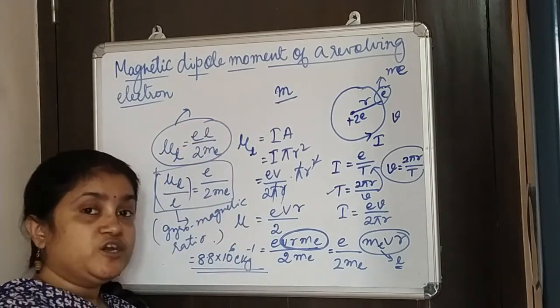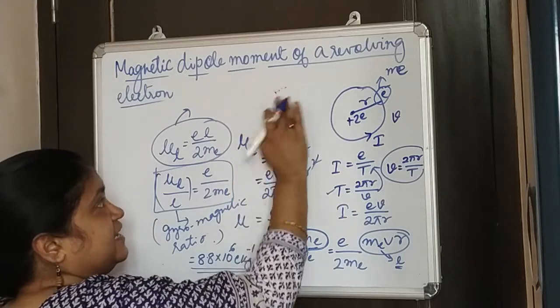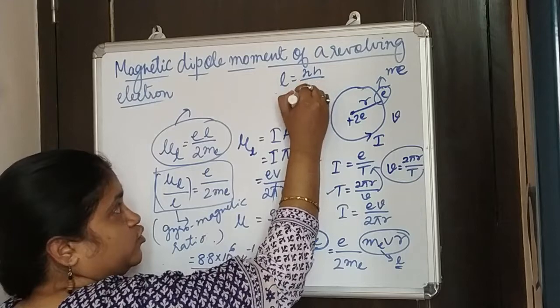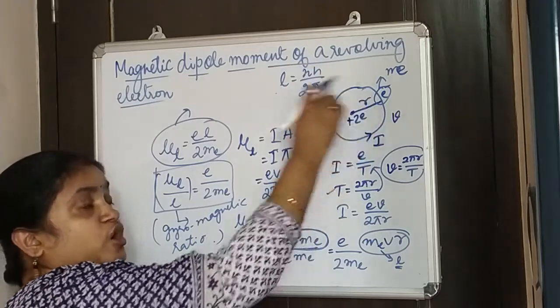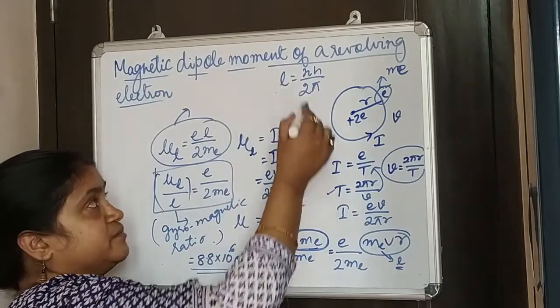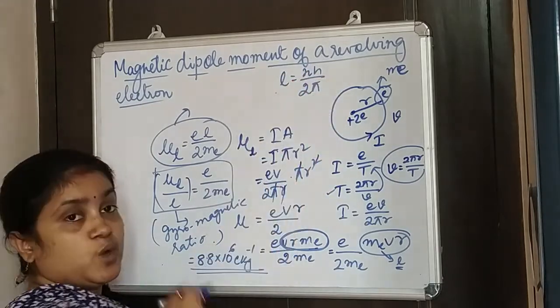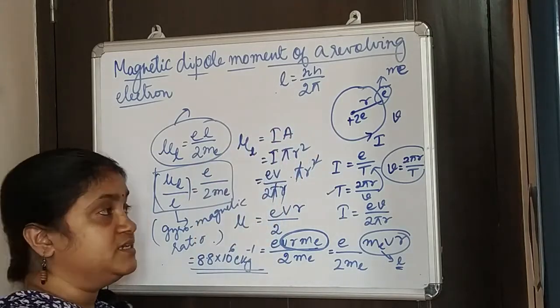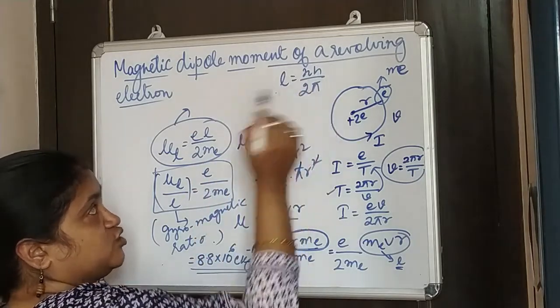If I take this particular expression, then I can write the L value. According to Bohr, L is given by nh by 2 pi, where n is a particular orbital number, or orbital quantum number, and h is the Planck's constant, right? So this is given by Bohr's theory, that the L value would be nh by 2 pi.